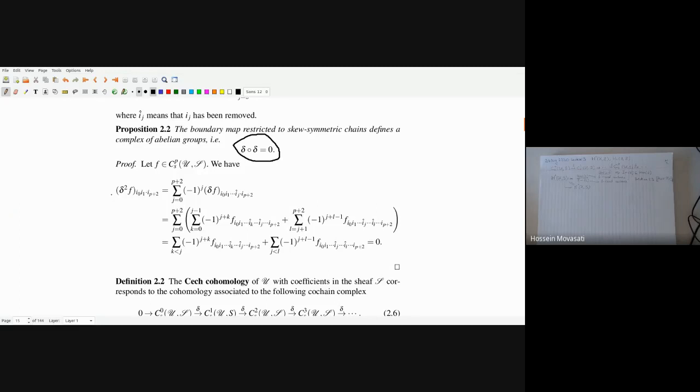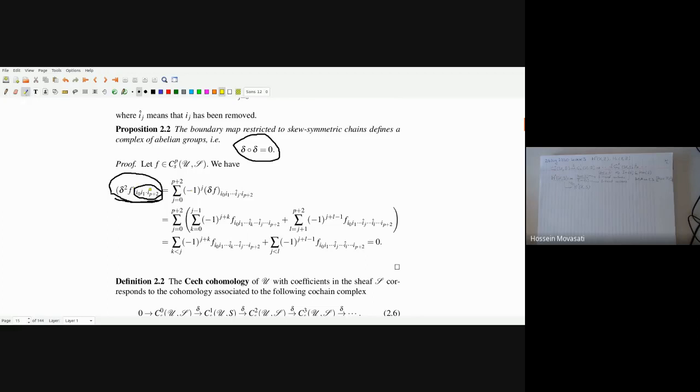You take delta squared f. If f is a p-cochain, then delta squared f is a (p+2)-cochain, so its elements are defined on intersections of p+2 open sets. That's why we have to evaluate it there. And then we just write the definition.